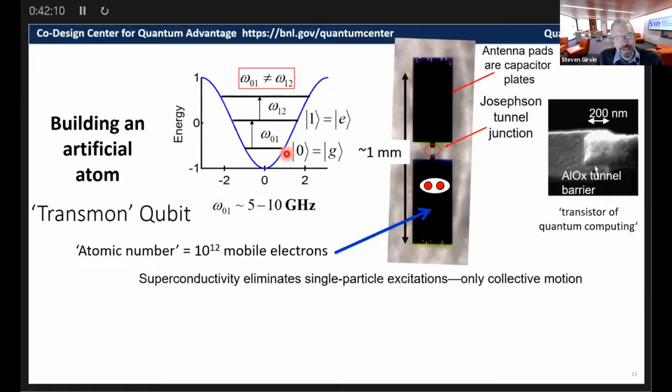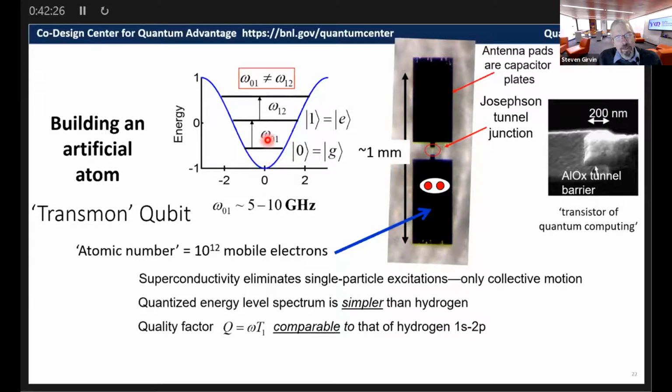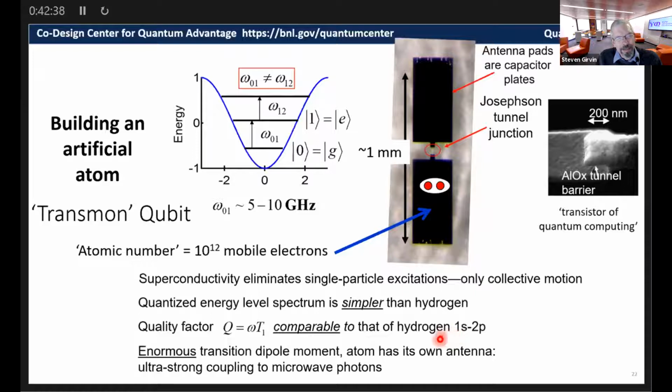So the superconductivity turns out to make the spectrum of this atom extremely simple. It's an anharmonic oscillator. The energy levels are not quite evenly spaced, but unlike hydrogen, there's no fine structure or hyperfine structure. The quality factor, the frequency times the lifetime of the excited state before it falls down, is comparable to that of hydrogen. But where it beats hydrogen is it's got its own antenna built in.